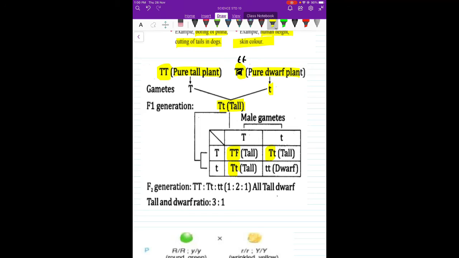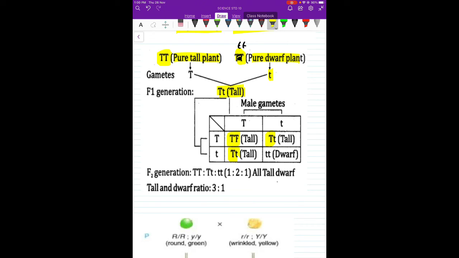But then in the next generation, one combination was tt. Wherever both small t's came, that became a dwarf plant. So this is the dominant T. Even one capital T, one capital trait of tallness, is enough to make the plant tall. But for making a dwarf plant, you require both small t's. So we can say the tall to dwarf ratio in this case is 3:1.